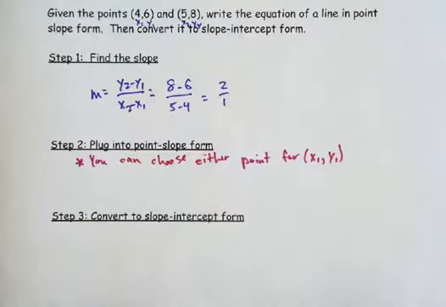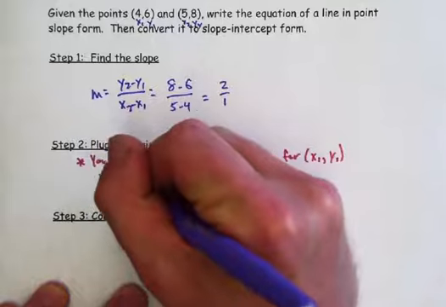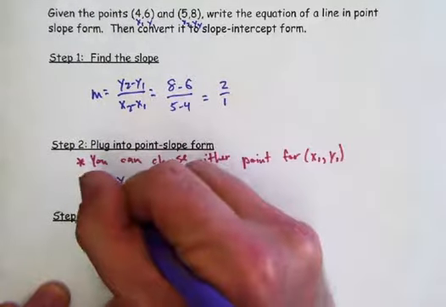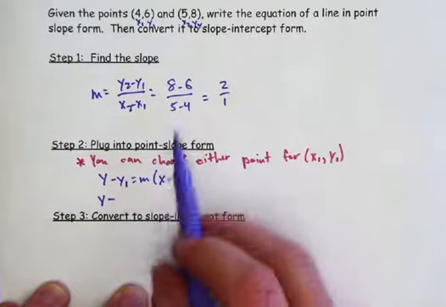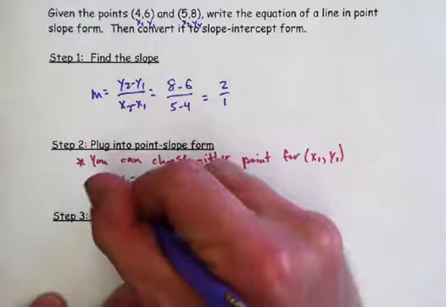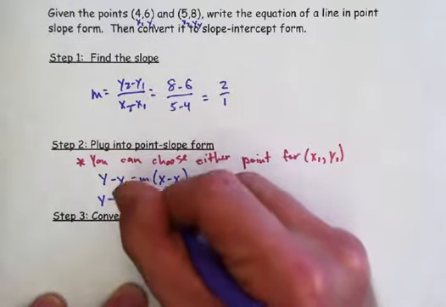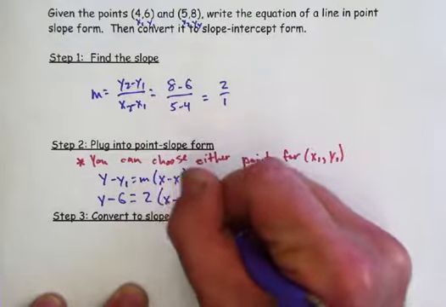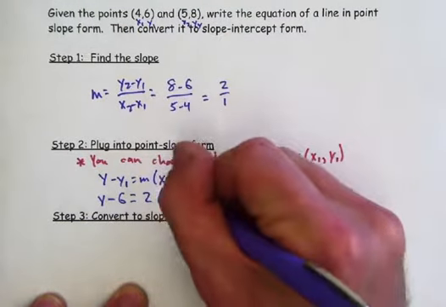So we've got y minus y1 equals m times x minus x1. We're going to plug that in. y minus, now y1, we'll use these ones right here. y1 is going to be 6. y minus 6 equals m, which is 2, we found that above, times x minus, it was 4, 6, so 4.